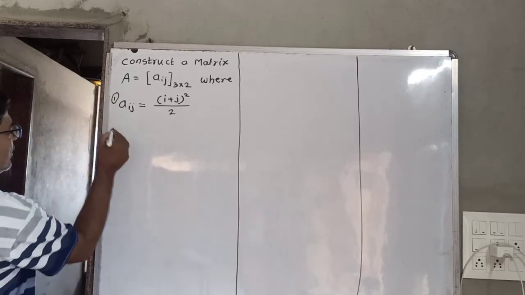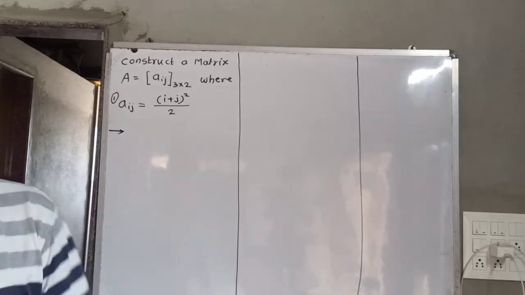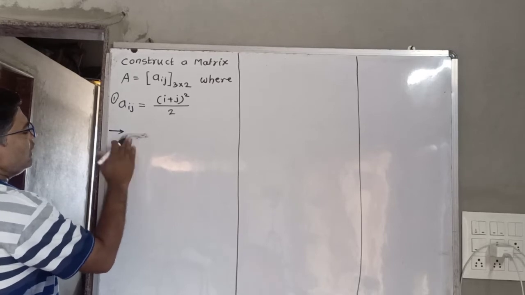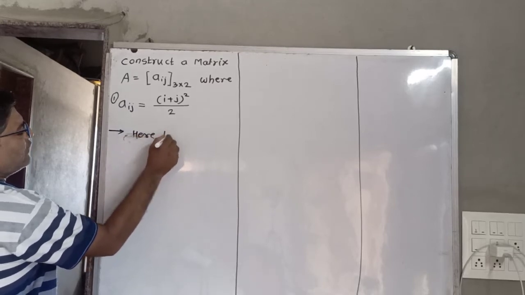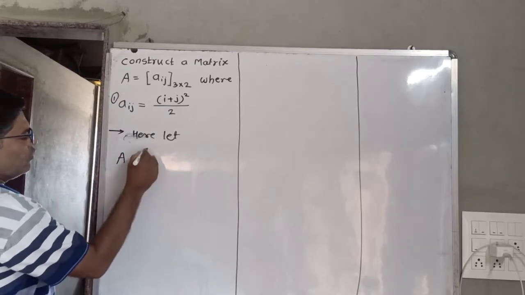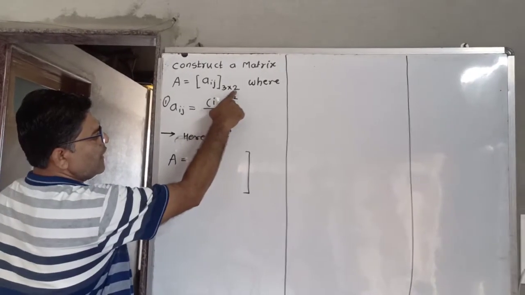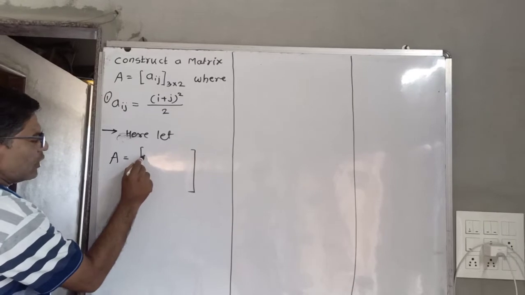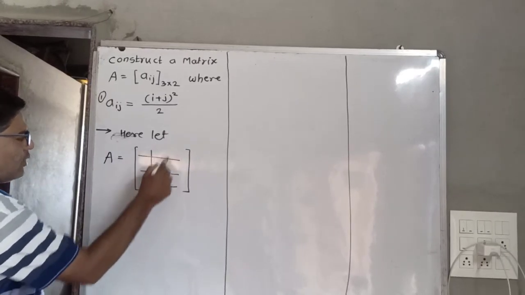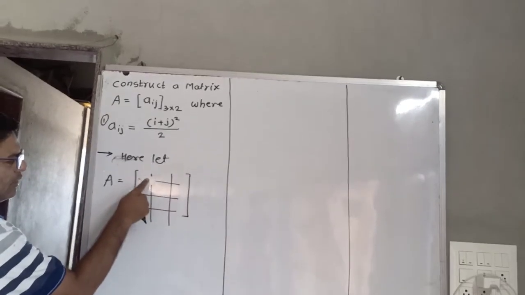Then the solution. Let the matrix A be what? We are going to construct a matrix A with 3 rows and 2 columns. 3 rows means 1, 2, 3 rows and 2 columns means columns 1 and 2. Which element is present here?